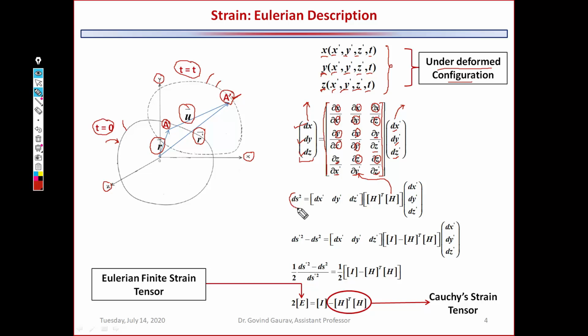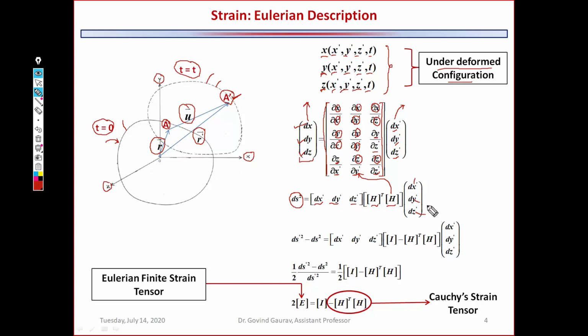So this one, ds whole square, is the initial displacement. So the initial displacement, how can we write it? Again we can write it in the form dx prime, dy prime and dz prime multiplied by H transpose H, multiplied by dx prime, dy prime and dz prime.